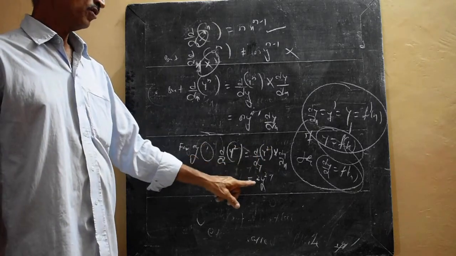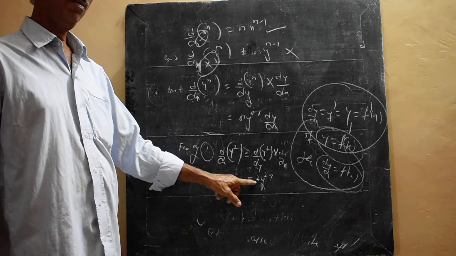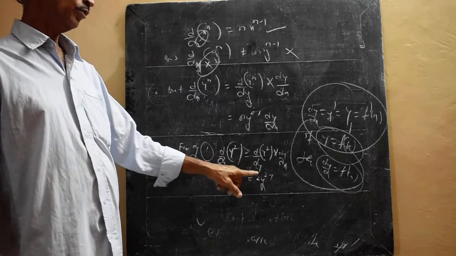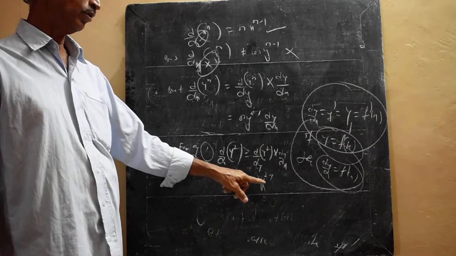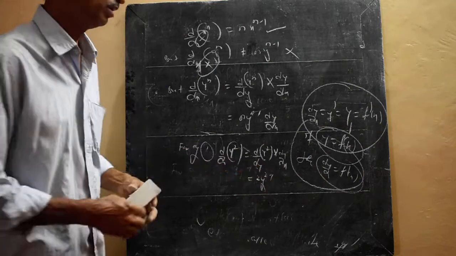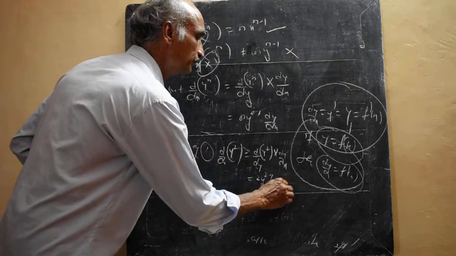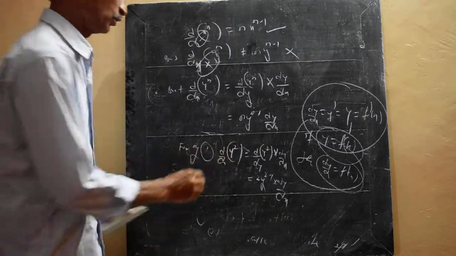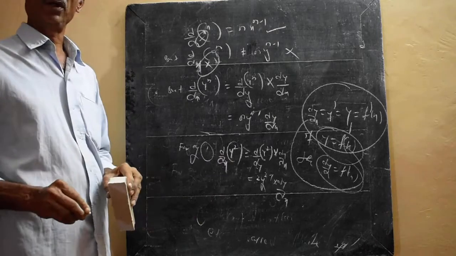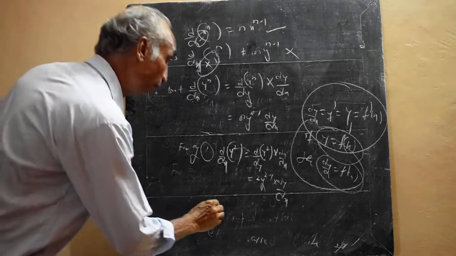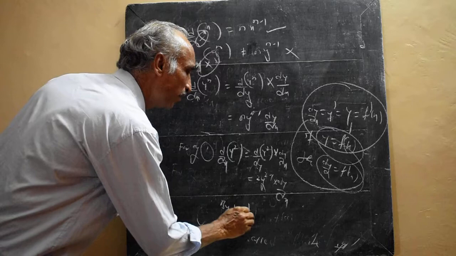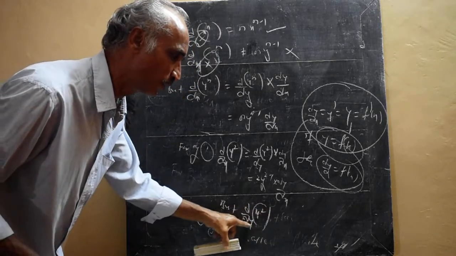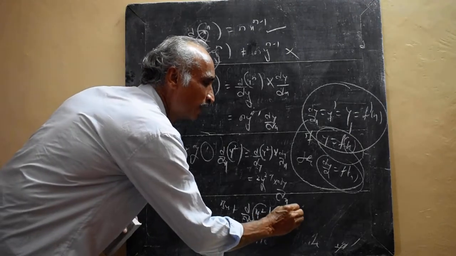Y raised to n differentiation is just like x raised to n. The variable may be anything: x raised to n, y raised to n, z raised to n, theta raised to n. If it is with respect to the same variable, then n into this variable raised to n minus 1, into dy by dx. So that is the differentiation of y square with respect to x. But mind that here the variable is matching, y with respect to y, then it is 2y raised to 2 minus 1.